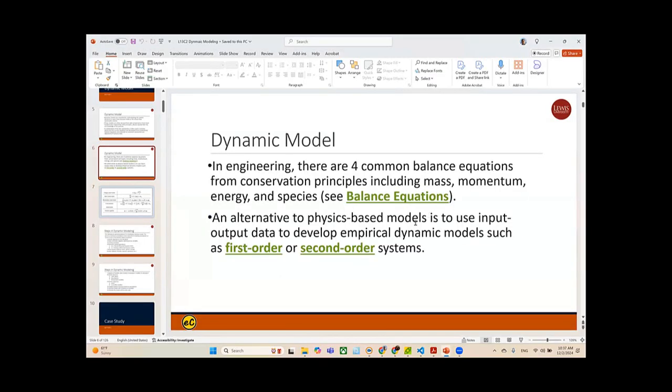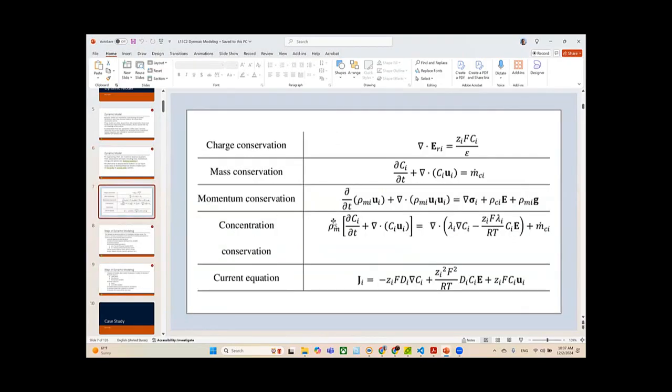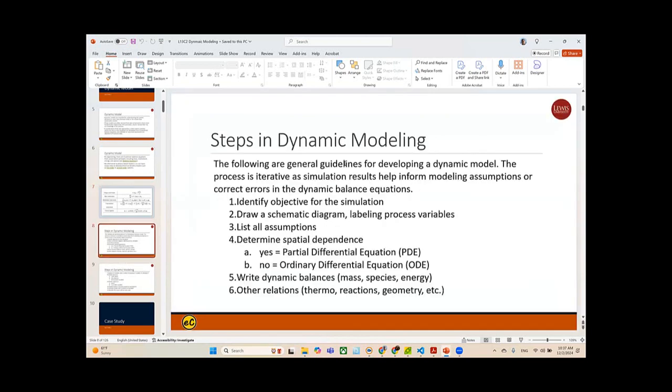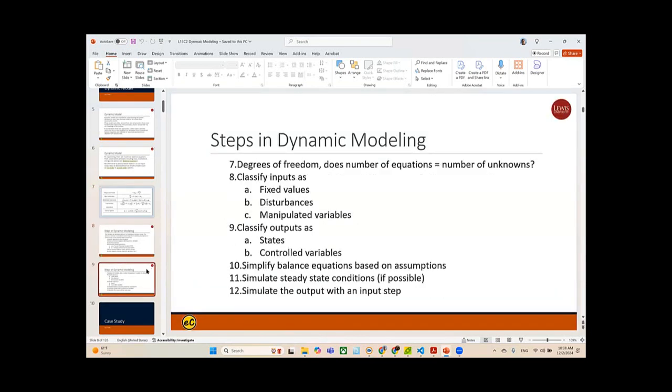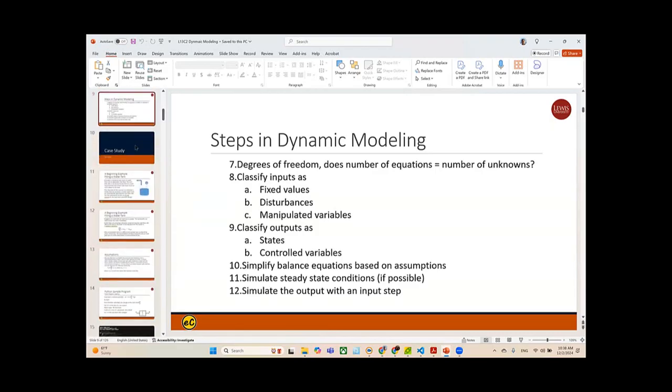You use a first order or second order differential equation to model it. If you involve multiple directions, then you see the multi-directional derivative operator. Anyway, you build your dynamic system modeling, so usually it's a differential equation or partial differential equation.